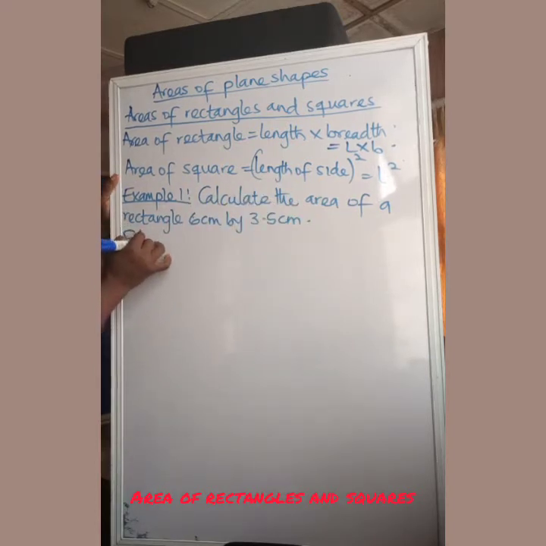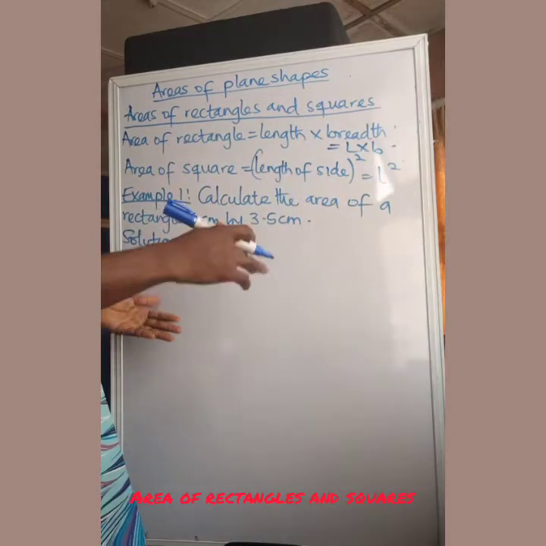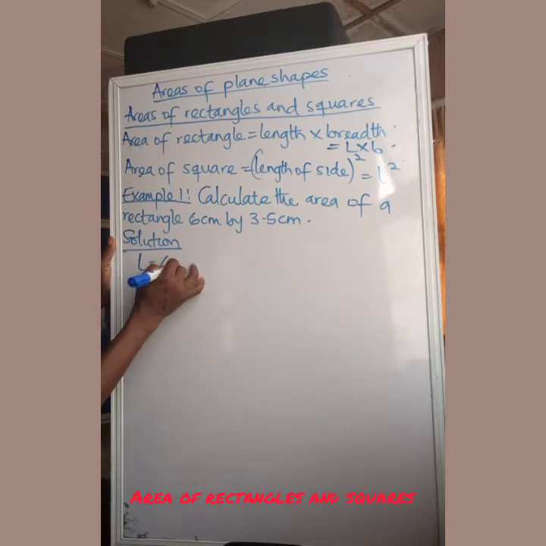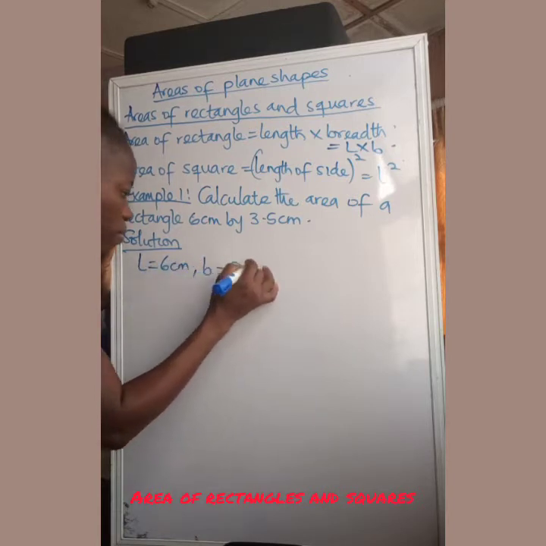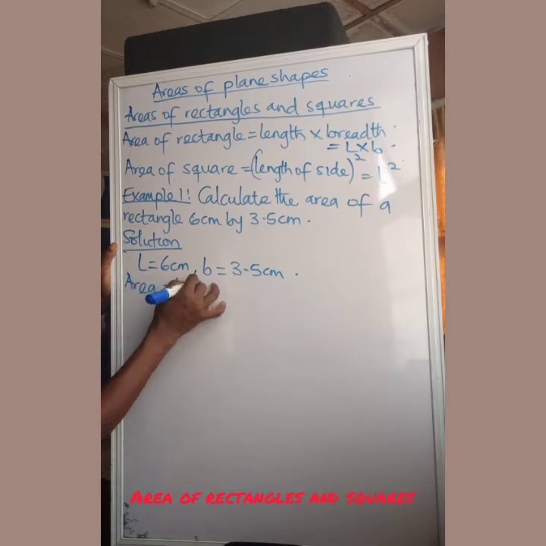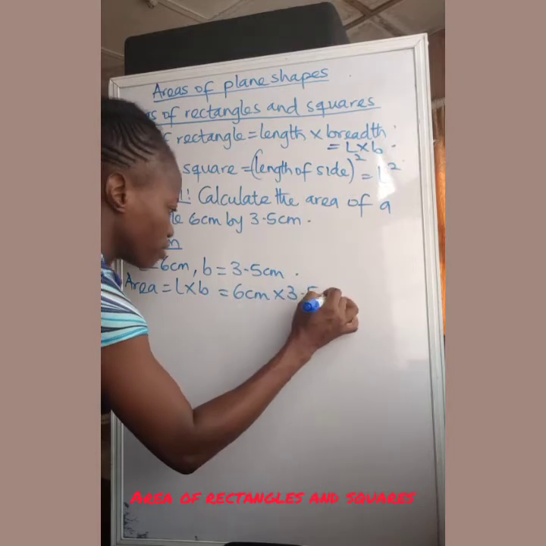We all know that the length is the longer side, then the breadth is the shorter side. So 6 centimeter is bigger than 3.5. So our length is 6 centimeter, our breadth is 3.5 centimeter. So what's our area? Area equals length times breadth, which is 6 centimeter multiplied by 3.5 centimeter.